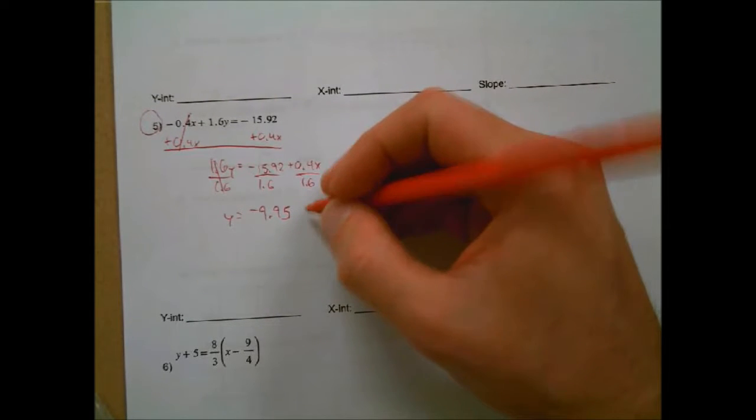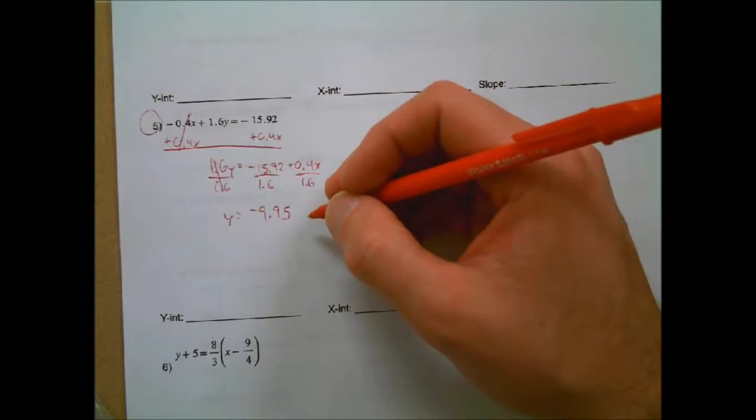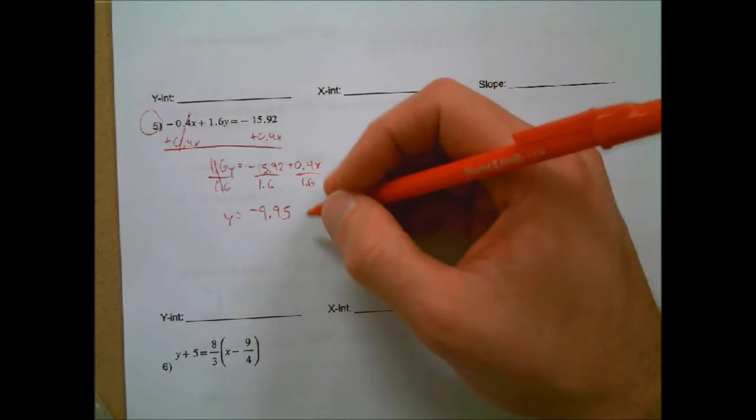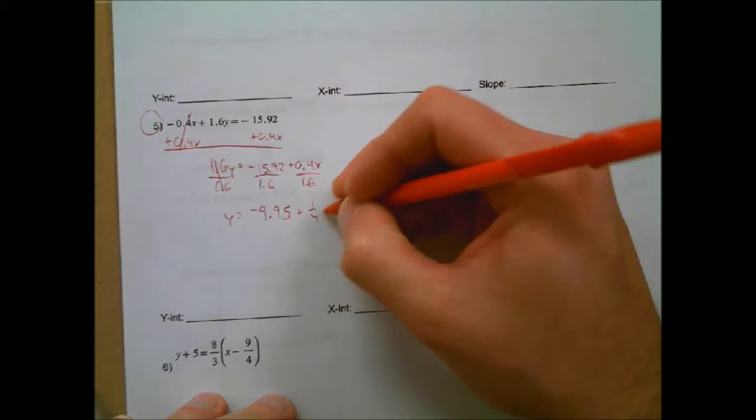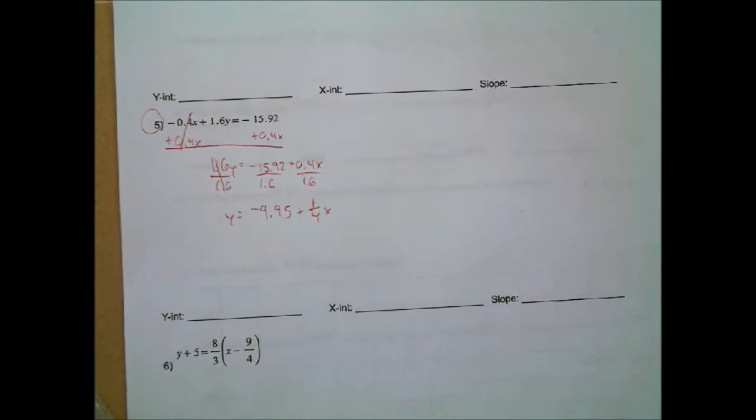Now, 0.25, we should convert that to a fraction. 1/4. Okay, 0.25 is 1/4, because again, slope is best represented by a fraction. Yes, you can use decimals, but a fraction is best, I think. Okay, so, Dylan, now that we've done this, what can we say?